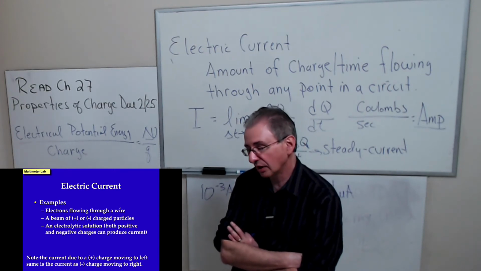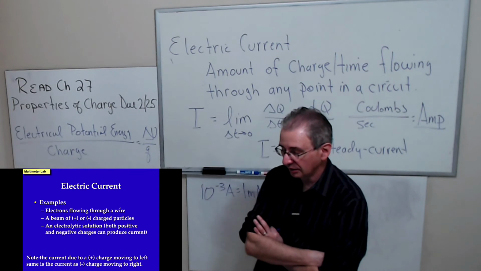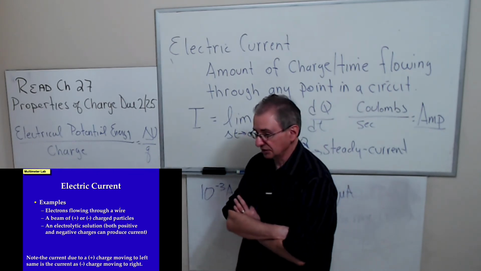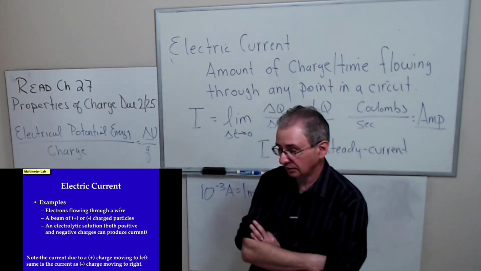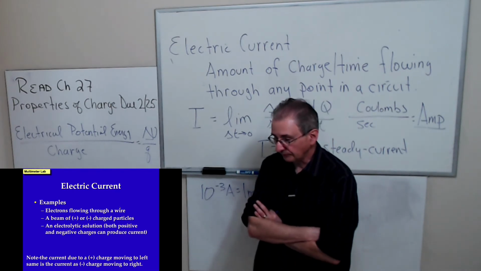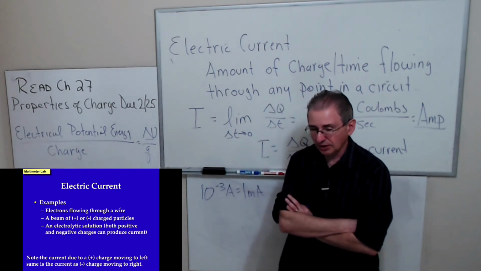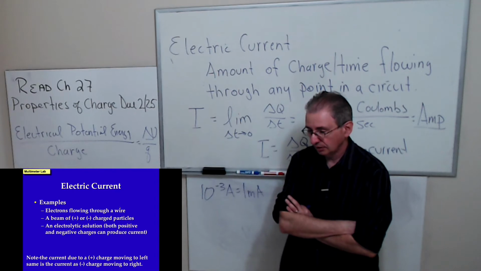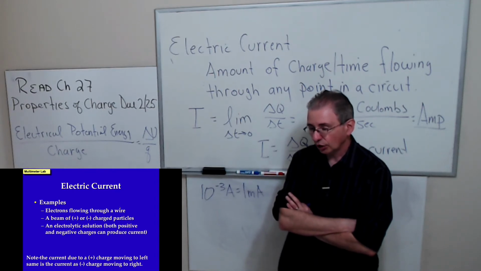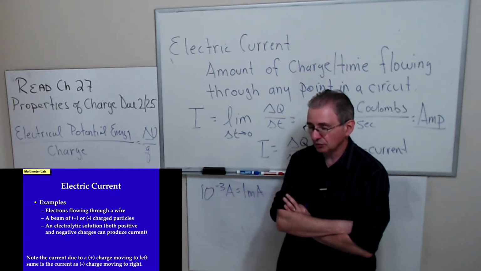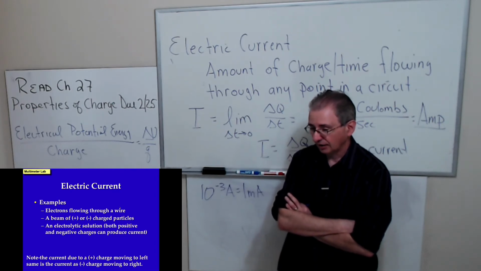Now again, we're going to focus on electrons flowing in the wire, but our discussion is not limited to just that. I should really note for you folks that the current due to a positive charge moving to the left is no different than a current that's due to a negative charge moving to the right.